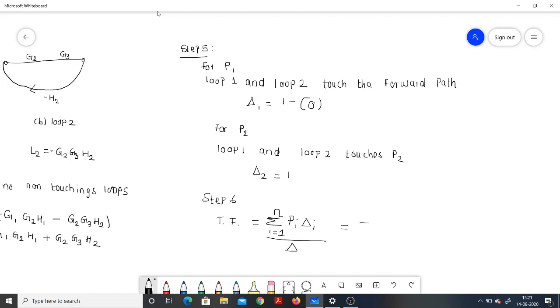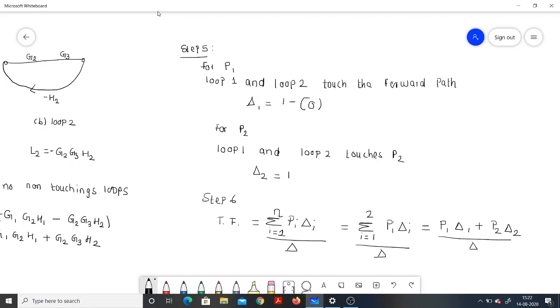In our case, there are 2 forward paths, so i equals 1 to 2. When i is 1, this becomes P1 del 1, and when i is 2, it becomes P2 del 2, divided by del.